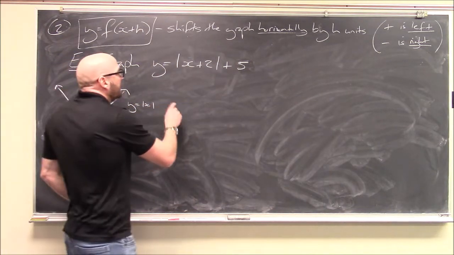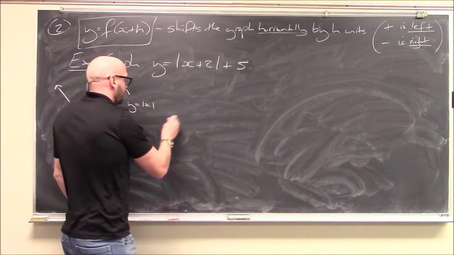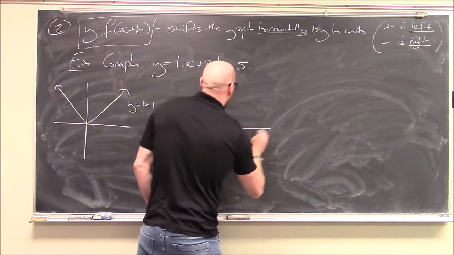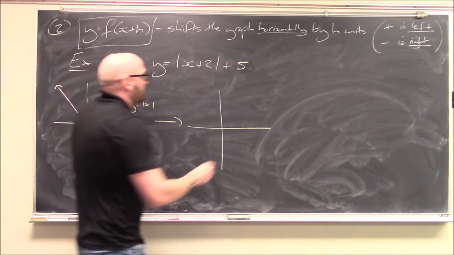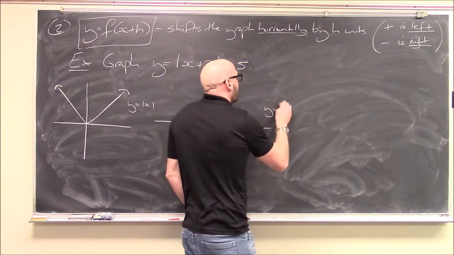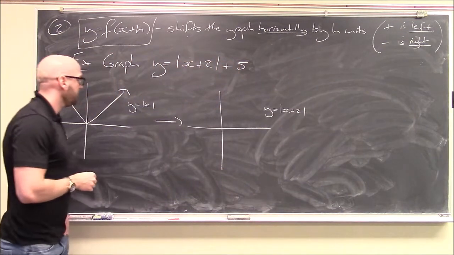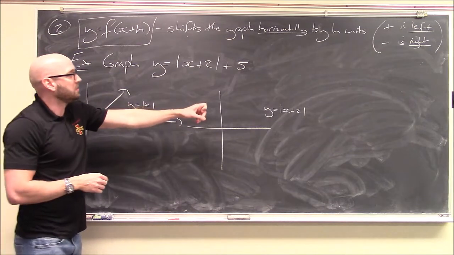So let's do that. And it actually doesn't matter which order you go here, but I'm going to do the horizontal transformation first. So first thing we'll do is replace x with x plus 2. So this will be the graph of y is the absolute value of x plus 2. If I replace x with x plus 2, that is a horizontal shift.